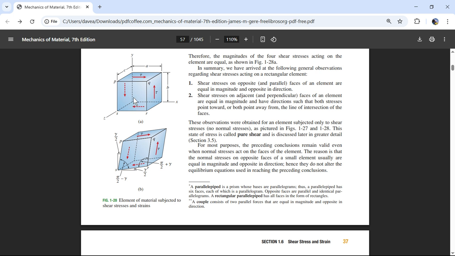And so we'll just have to get into that. How to analyze that little cube at a 45 is we'll cut this at a 45 right here and say, hey, for this portion of the cube, we're going to be able to find the normal stress in that direction and maybe the shear stress on it.